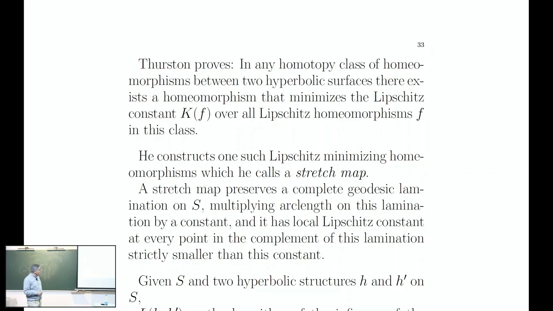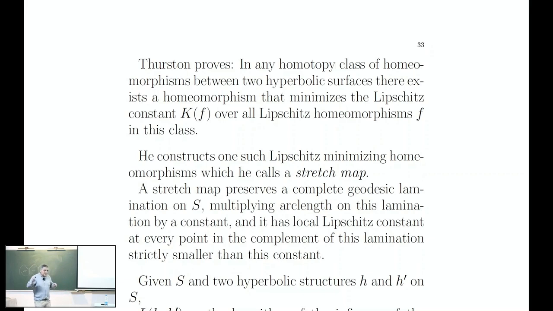This constant, I didn't write it, is the best Lipschitz constant for the map. So which arc is the transverse arc? No, not the transverse arc. It multiplies the arcs along the lamination.